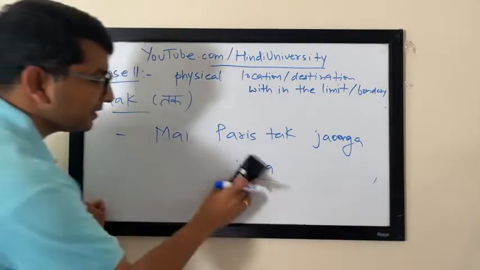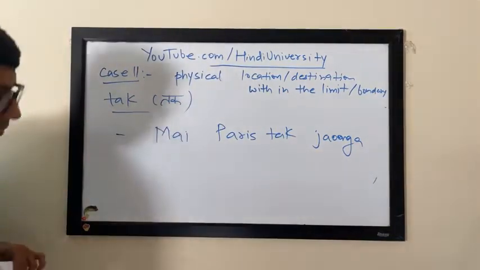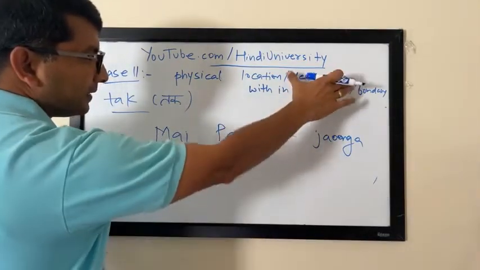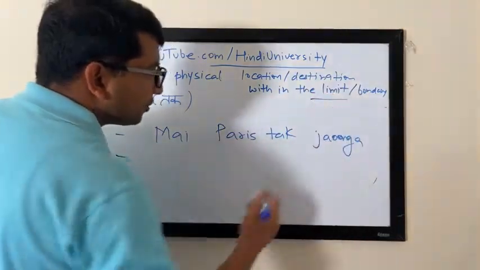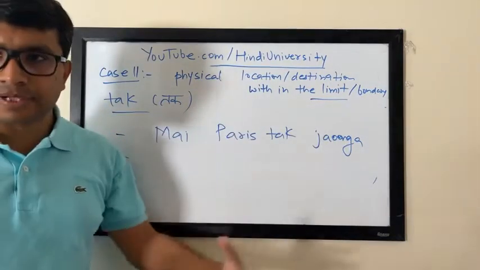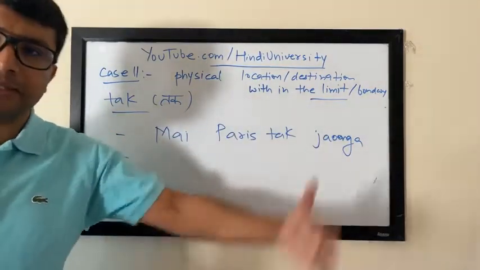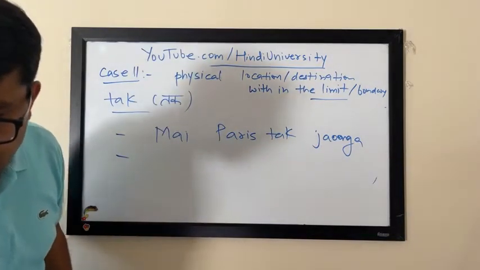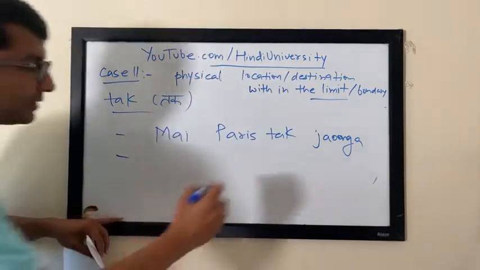Very good, right? Okay, I'll go. Again, you're going towards a destination, but because you want to emphasize the boundaries, I mean that you'll go till that area. Paris tak jaunga.